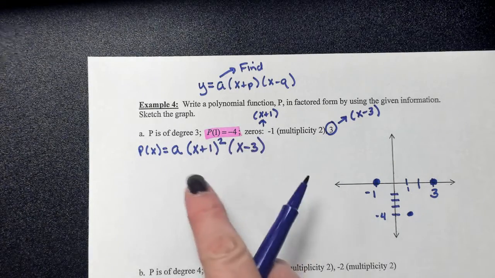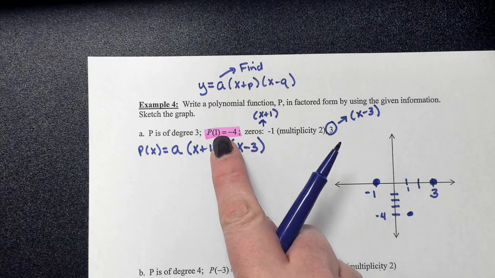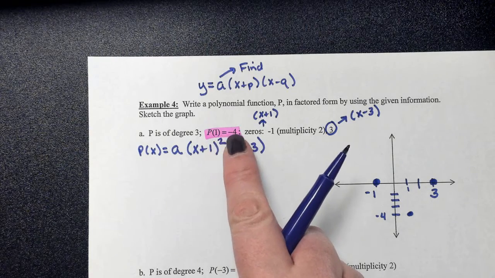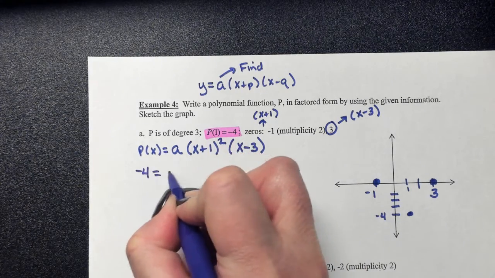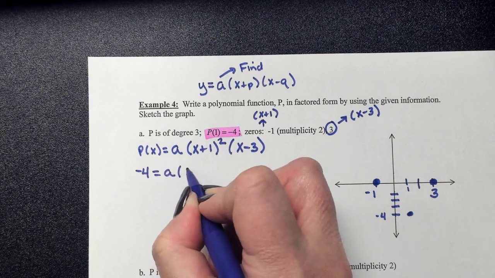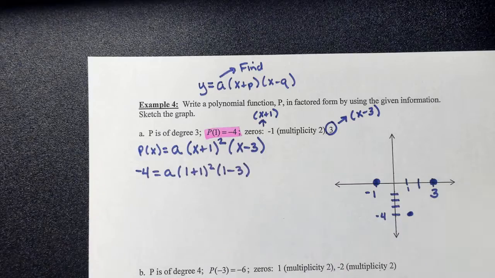So then to find a, what you're going to have to do is plug in the x value of the point they're giving you, plug in the y value of the point they're giving you, and solve for a. So I'm going to take -4 is equal to a times 1 plus 1 squared times 1 minus 3, and solve for a.